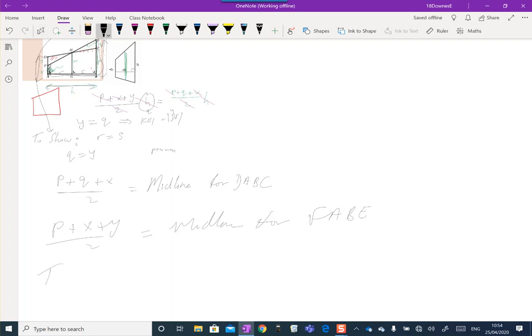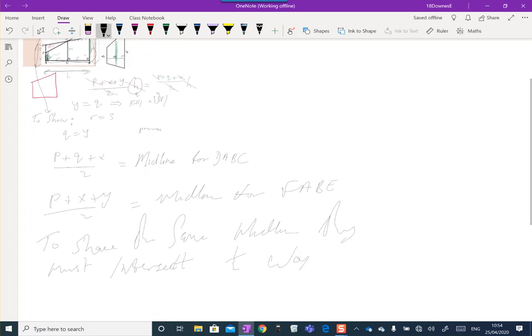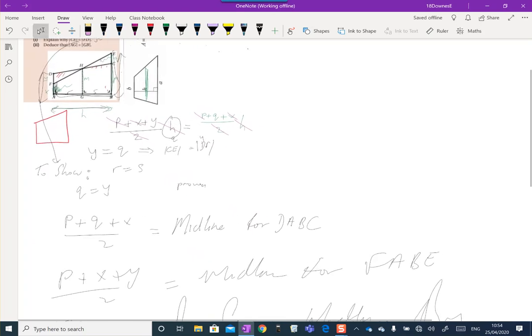And then to share the same midline, they must intersect halfway. I'm not sure if I proved it or not, but I'm going to leave it at that. I'm going to park it.